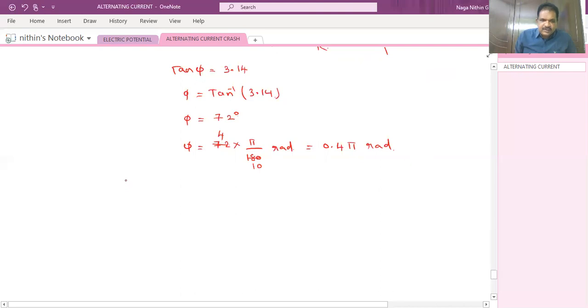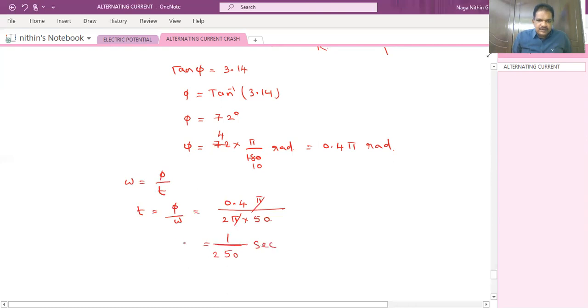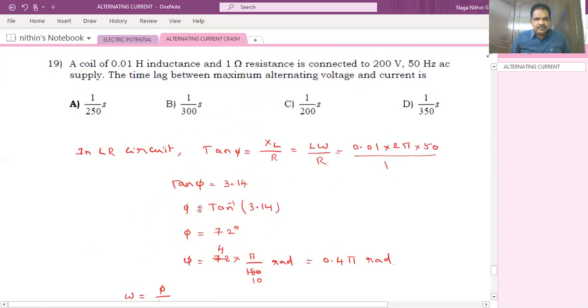So omega is equal to theta by t. t is equal to 0.4 pi by 2 pi into 50. Pi will cancel. And if we calculate, 0.2 by 50, so finally this value 1 by 250 seconds. That is the t value.